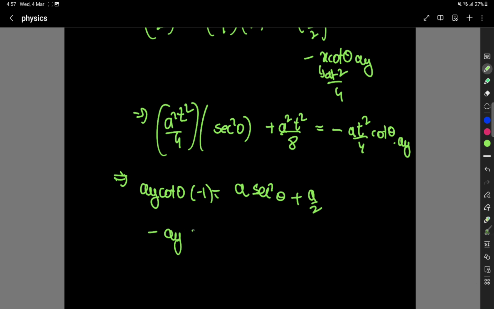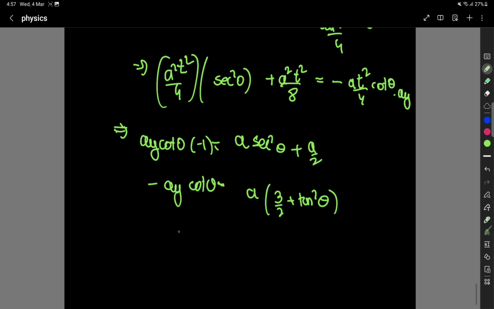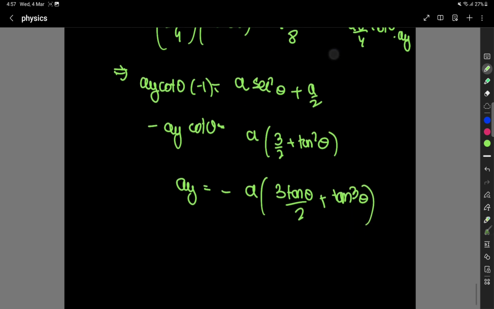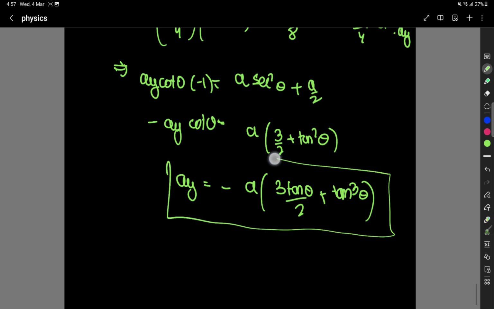Minus Ay cot theta can be written as A into 3 by 2 plus tan square theta, and there I can tell Ay is equal to minus A into 3 tan theta by 2 plus tan cube theta. That's it. So this is how you can find the Ay component also, and this is the answer.